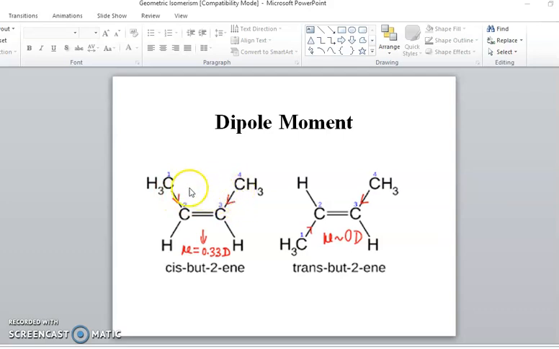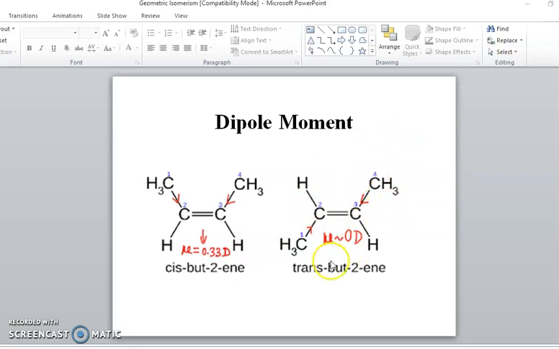And you know, vector is a summative property. So whenever these two are in the same direction, the net dipole moment will be in this direction, which is mentioned here as mu 0.33 D. D stands for debye, one of the units by which dipole moment is represented.